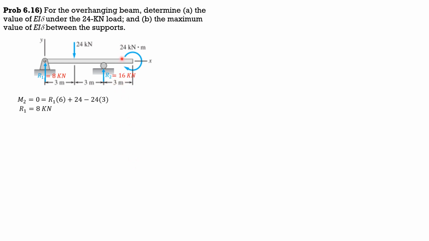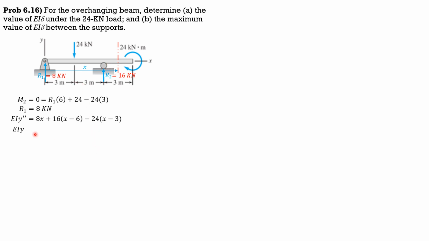Then let's section up to this part, with distance x from this origin here. So the differential equation is EI y double prime equals 8x minus 24 times quantity x minus 3, then plus R2, 16, times this moment arm, x minus 6.